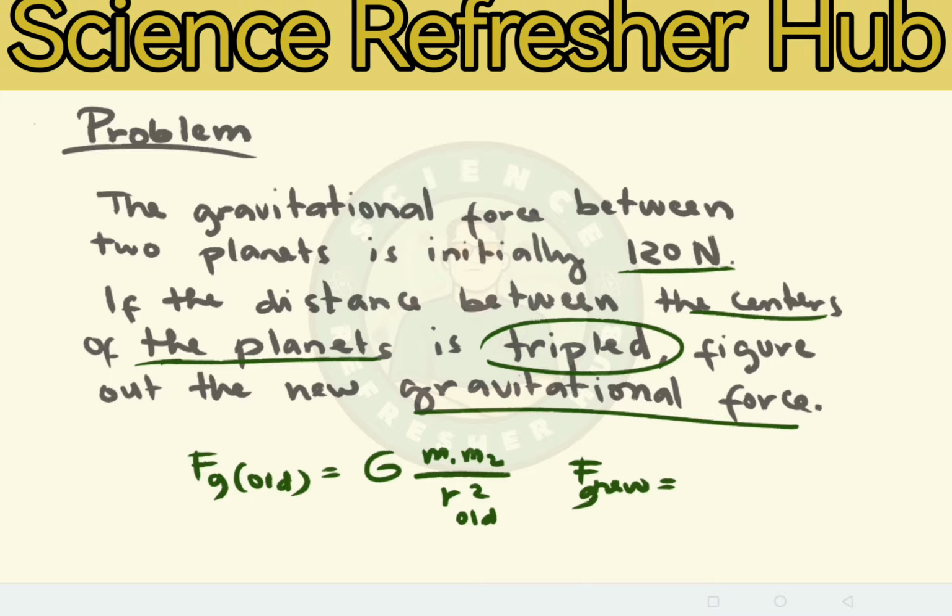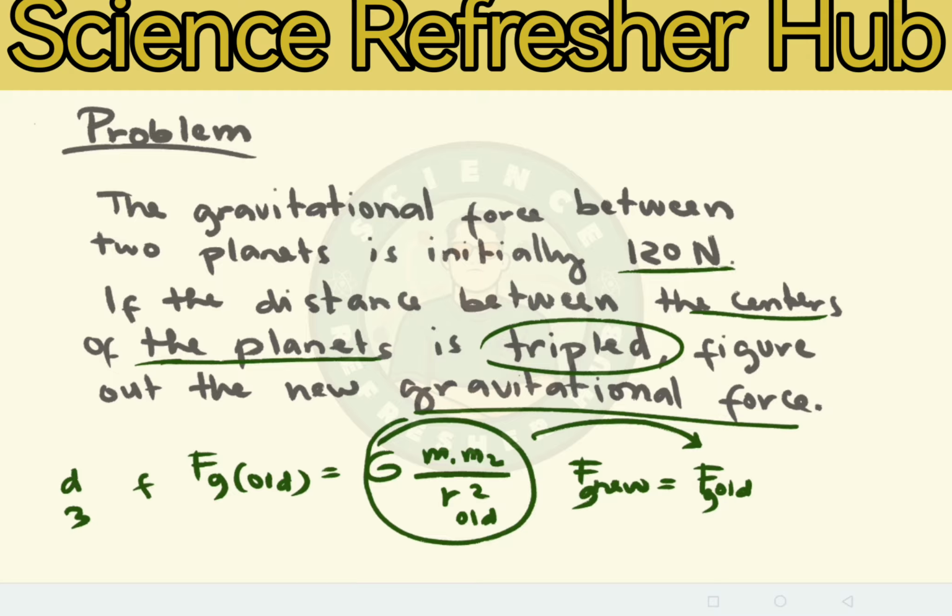Since these masses are not included, we can just simply say that FG new is equal to the F old, and that F old constitutes this value. It's inside this variable, the FG old. Okay, and we will try to remember, if we triple the distance, our force factor will just be 1/9. We just calculated it a while ago.